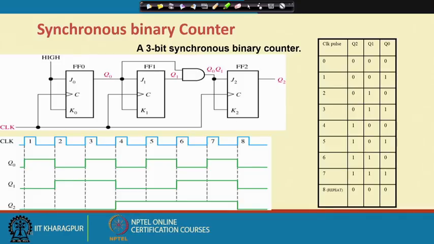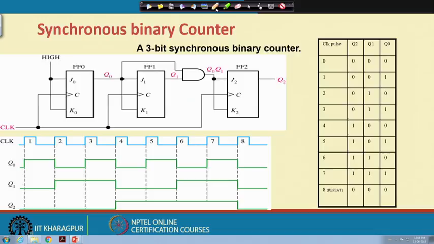Now, if you want a 4-bit synchronous counter, you will need another flip flop here with J and K. The clock signal will be common, there is no problem. The J and K are tied together and the value should come from another AND gate.